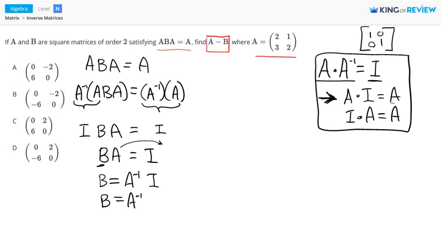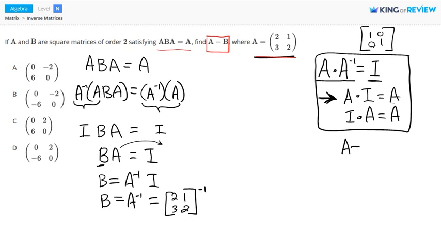So what is A inverse? Well, we were given A up here. So we know we're taking the inverse of this matrix here, and we represent that with the -1. And how do we find the inverse?